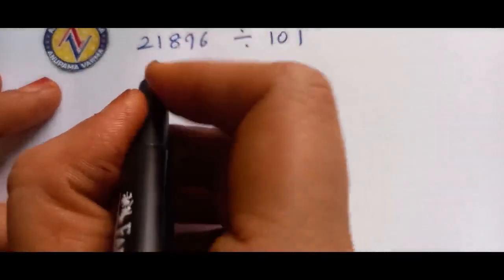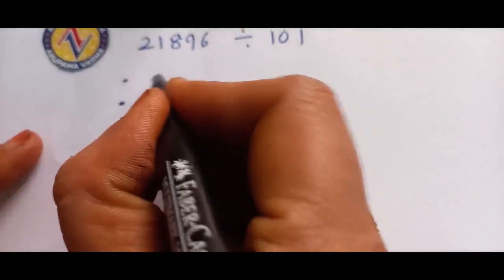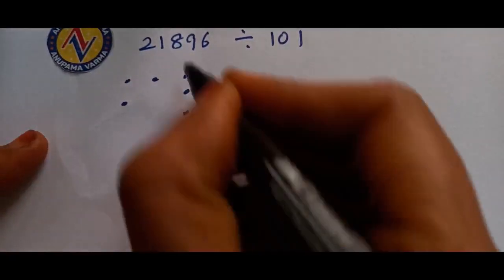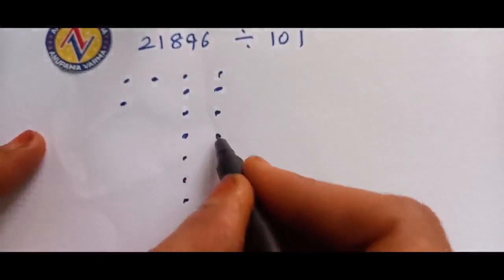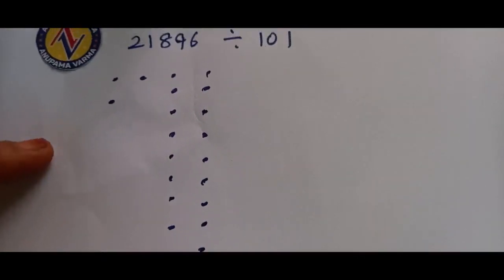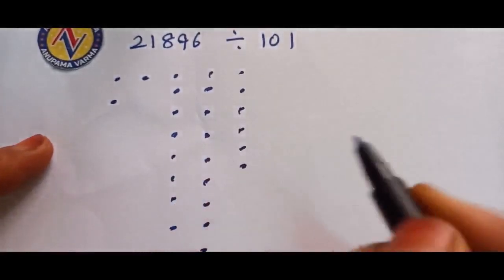So, first you keep points: 1, 2, next 1, 1, 2, 3, 4, 5, 6, 7, 8. Here 9 is there, so 1, 2, 3, 4, 5, 6, 7, 8, 9. Next digit is 6, so 1, 2, 3, 4, 5, 6.